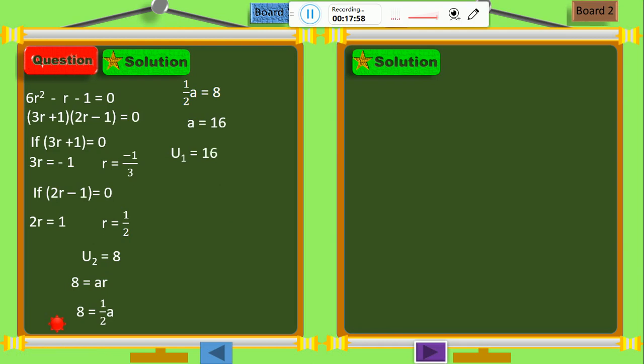Then U1 is equal to 16, U2 is equal to 8, U3 is equal to 16 times that. Then simplifying that, U3 is equal to 4.